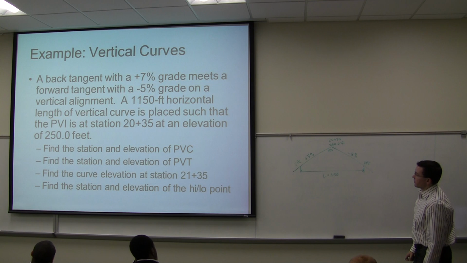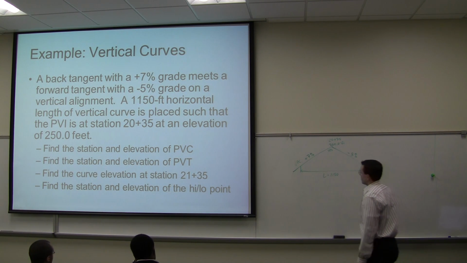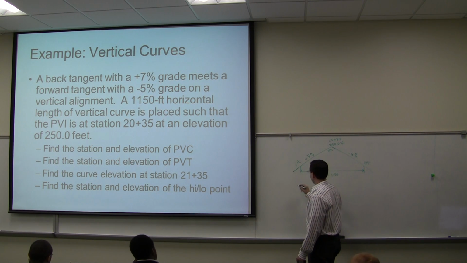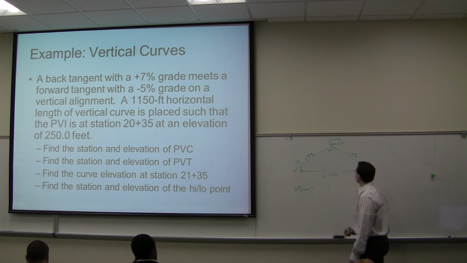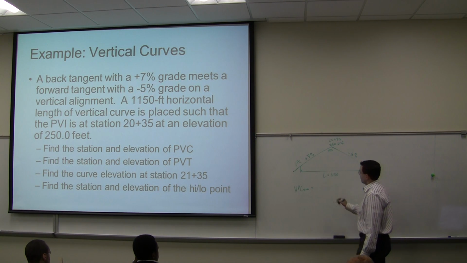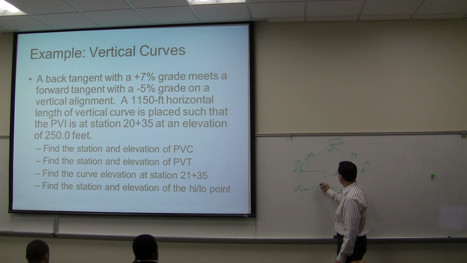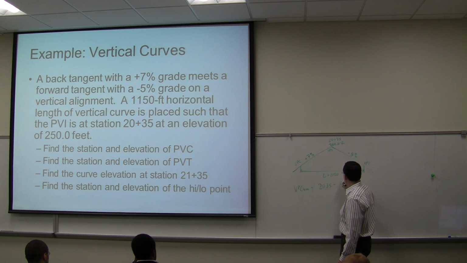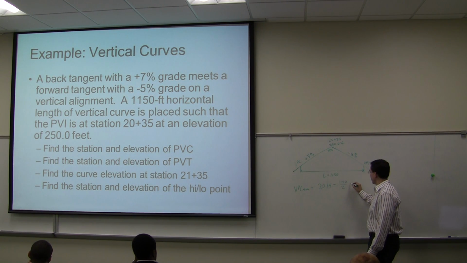So first, find the station and elevation of the VPC, PVC. So what's our station going to be? Calculation. 2035 minus 1150 over 2.